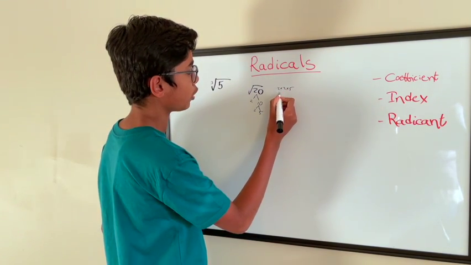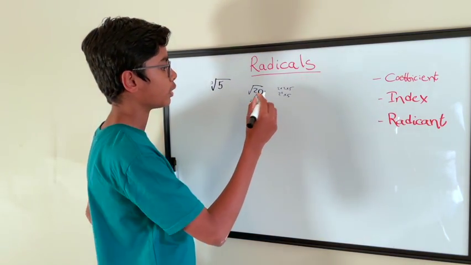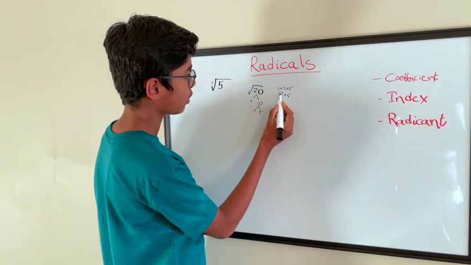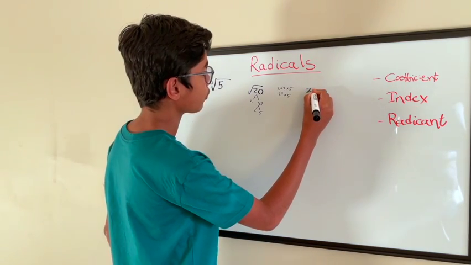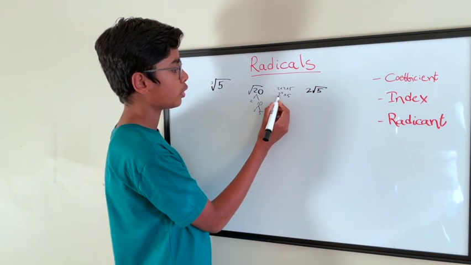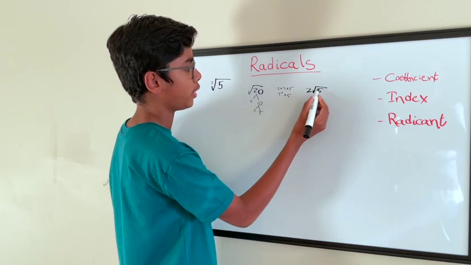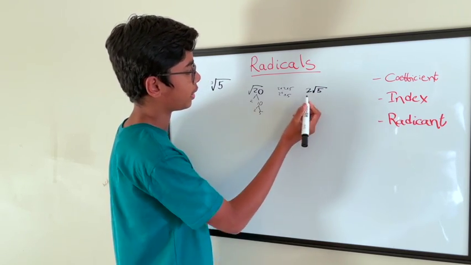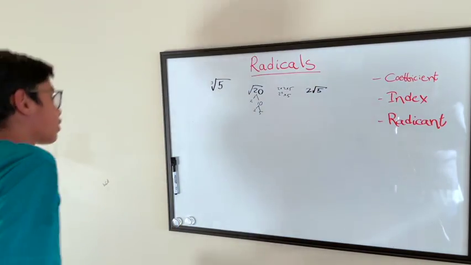So 2 times 2 can also be 2 squared times 5. Since this is squared, we can put that 2 over here, and then we can put the square root of 5. Because the square root of 2 squared is 2, and the square root of 5 is the square root of 5. So that's basically the simple idea of what radicals are.